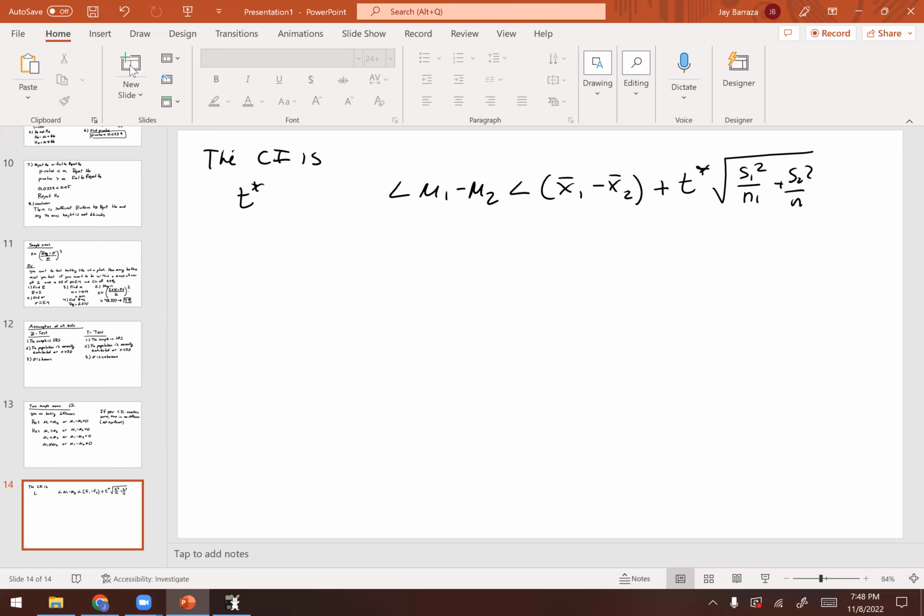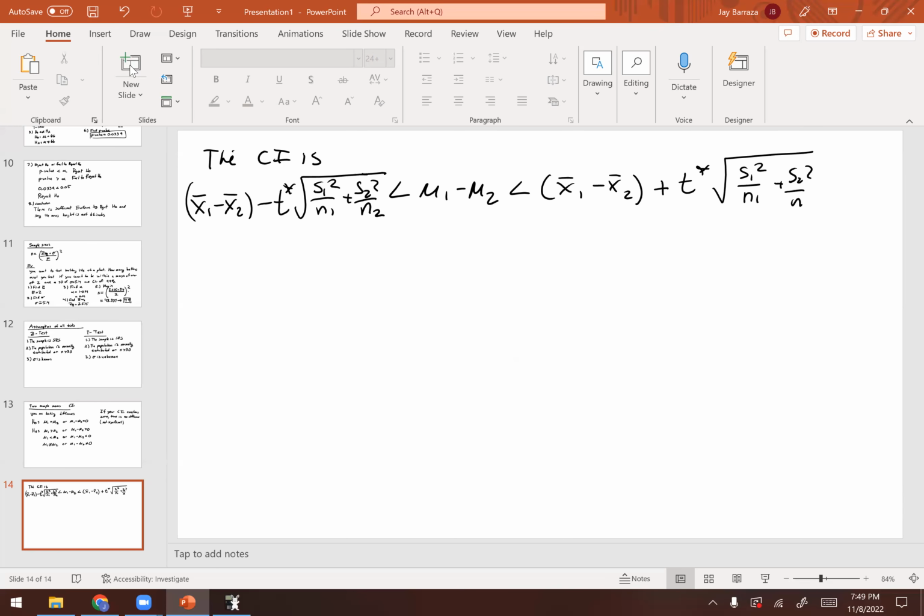Oops, I forgot the x1 minus x2. Now, if you're wondering, again, what is t star? That just means it can be alpha or alpha over 2. So it's kind of a personal preference. Okay. That's the confidence interval.